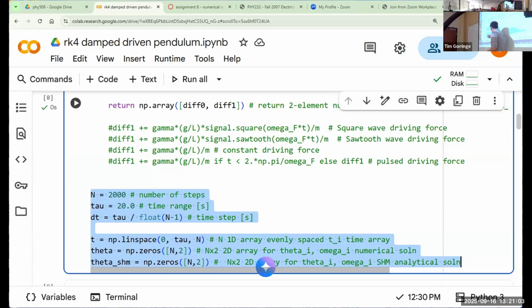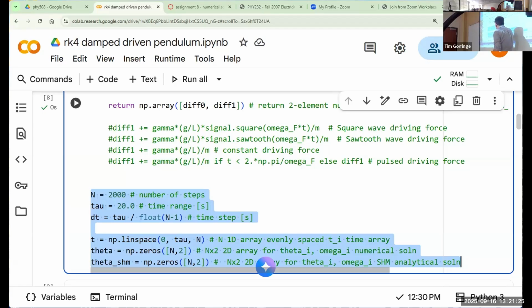So this meta variable theta contains both theta and omega, because it's a 2 by n matrix, which are the dependent variables corresponding to this time variable t.